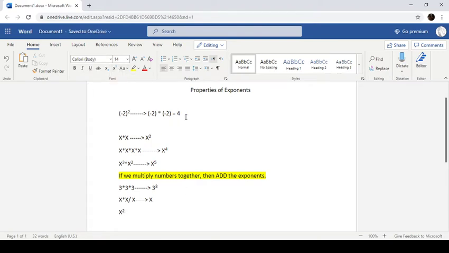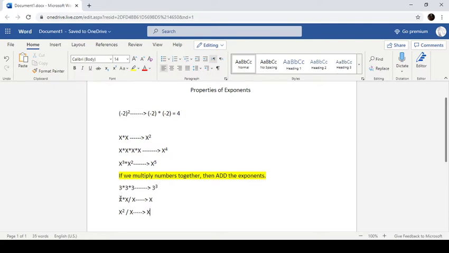So we could say that this is x squared divided by x, or x to the second divided by x to the first, which would again come out to be x to the first.